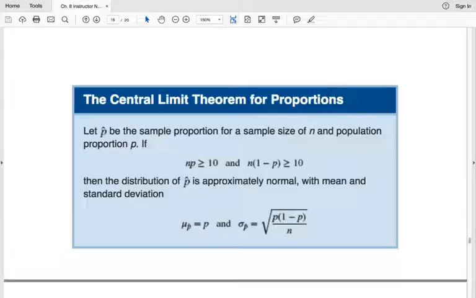And so this is the central limit theorem for proportions. This concept is what allows us to make confidence intervals for proportions.